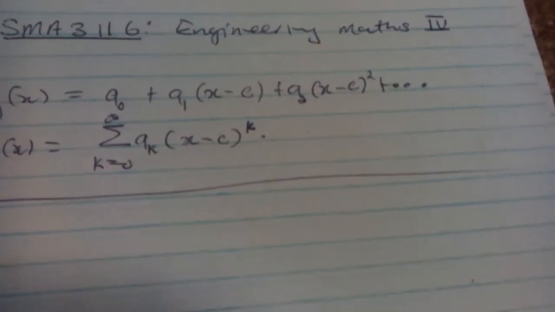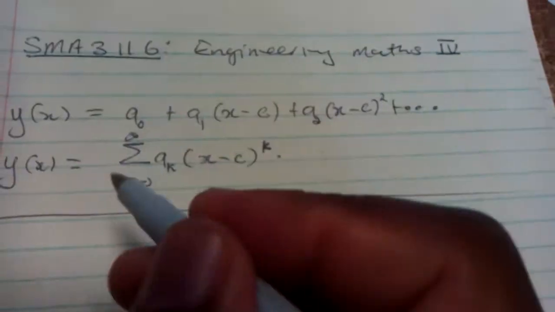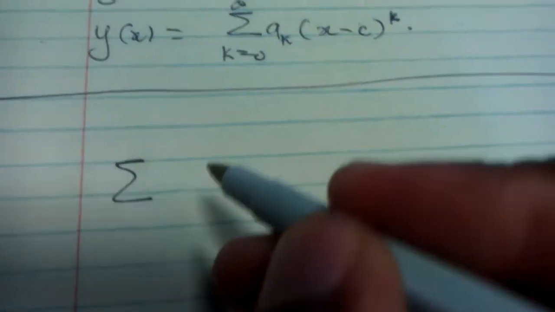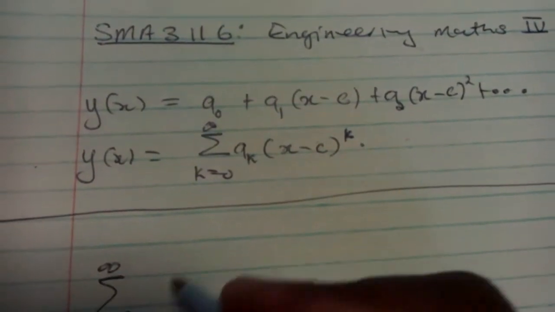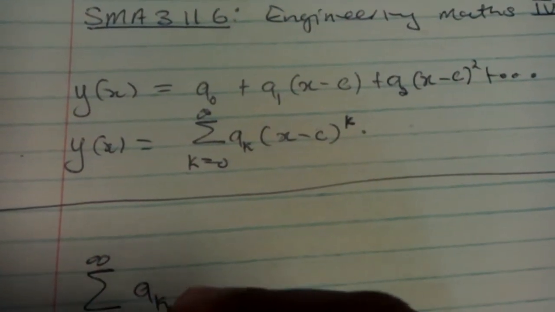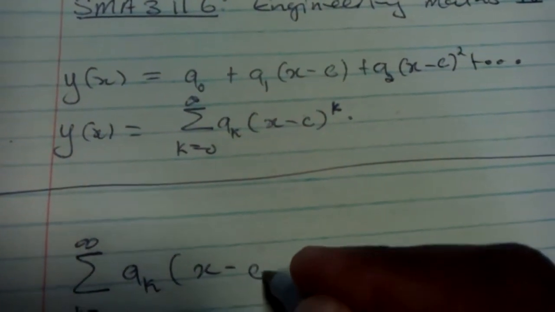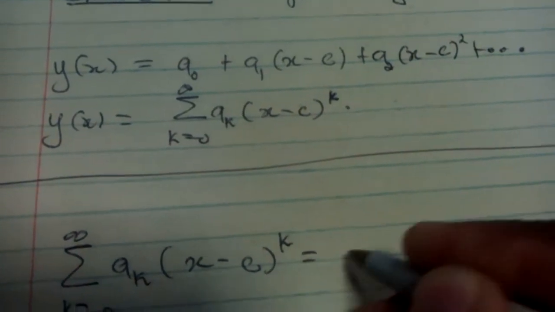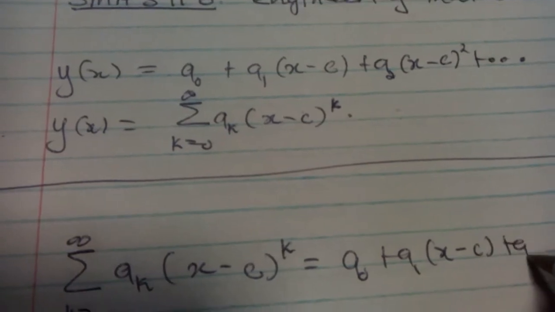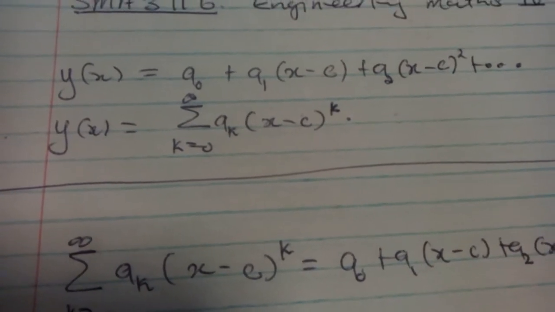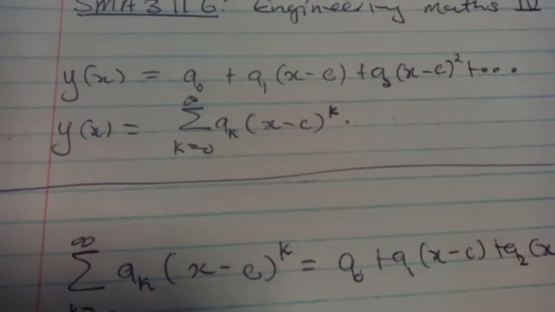A power series is a series given in the form sum from k equal to 0 up to infinity of ak (x minus c) to the power k. This is given by a0 plus a1 (x minus c) plus a2 (x minus c) all squared, and on and on.